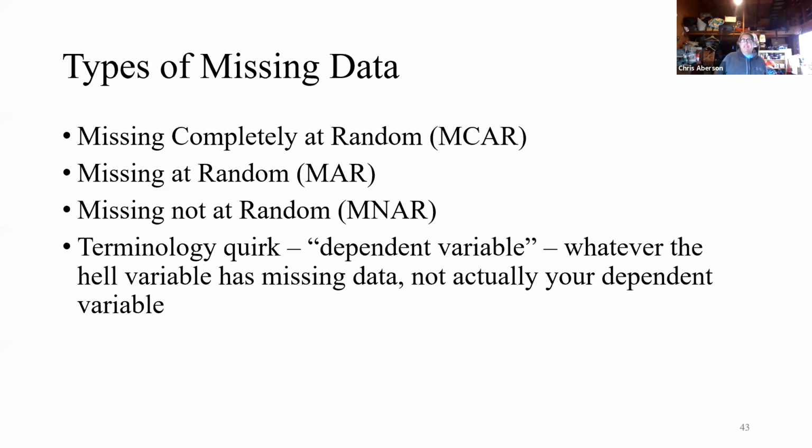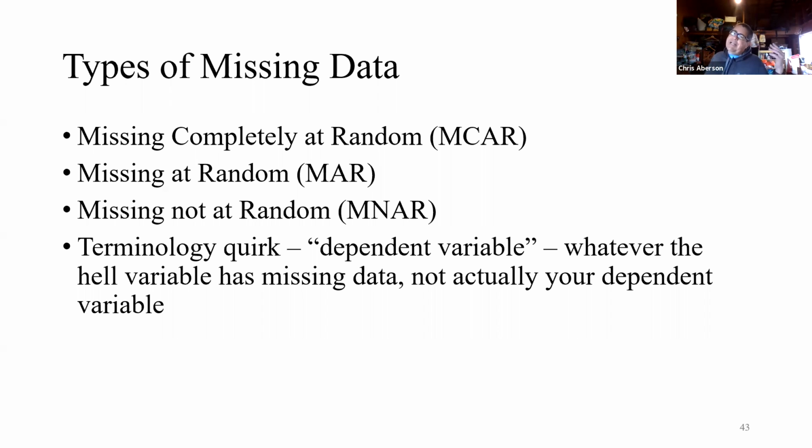Every discussion is always based on these three concepts: missing completely at random, missing at random, and missing not at random. I have to tell you, reading literature on missing data is horrible because they use these abbreviations all the time. The abbreviations are so close to each other. It's really hard to read that stuff. There's also a terminology quirk.